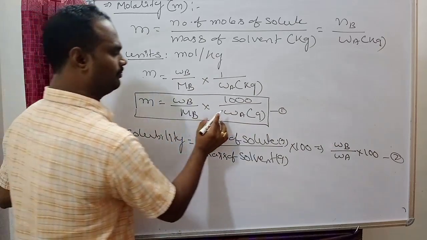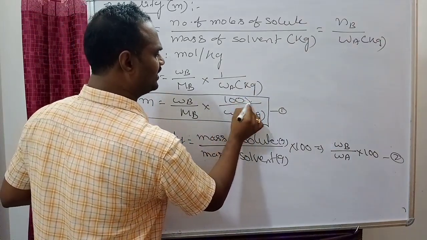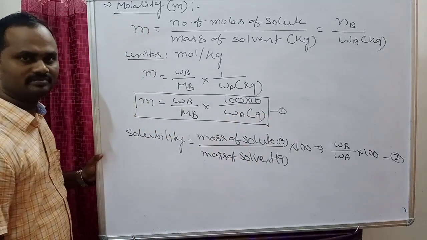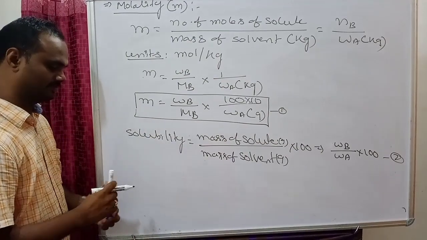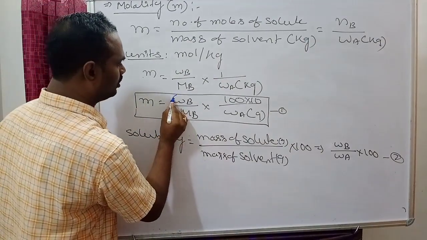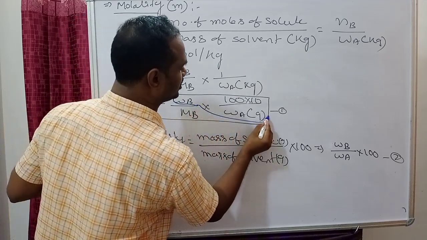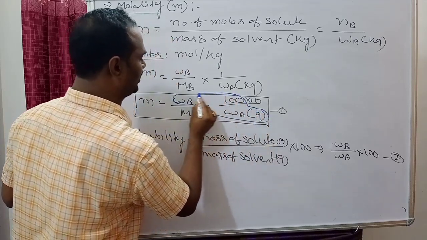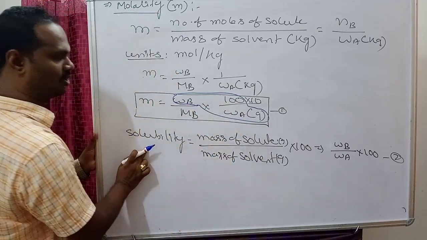In this formula, in 1000, shall we write 100 into 10? That is also equal to 1000. So in this formula, mass of solute by mass of solvent into 100 is equal to solubility.